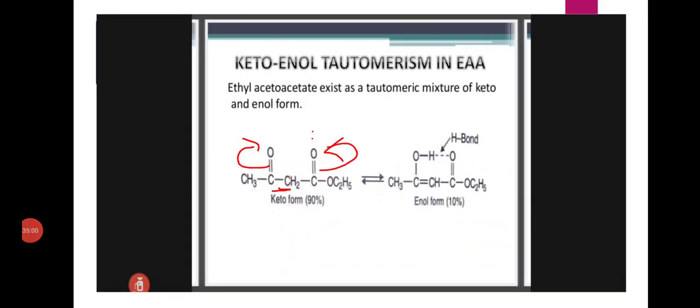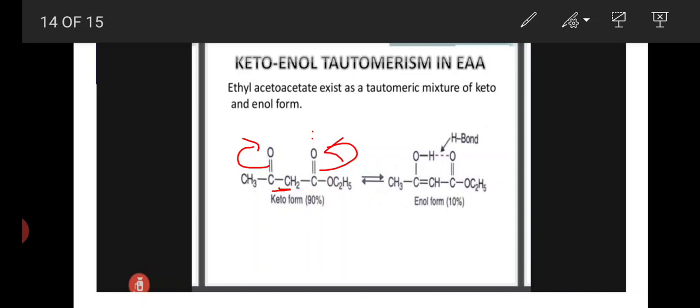Next is keto-enol tautomerism in ethyl acetoacetate. Ethyl acetoacetate exists as a tautomeric mixture of keto and enol forms. Ethyl acetoacetate also exists in two forms, keto form and enol form. First, this is the keto form and here this is the enol form.